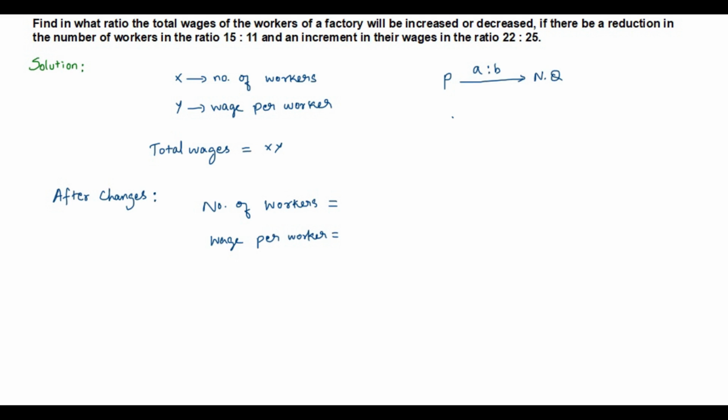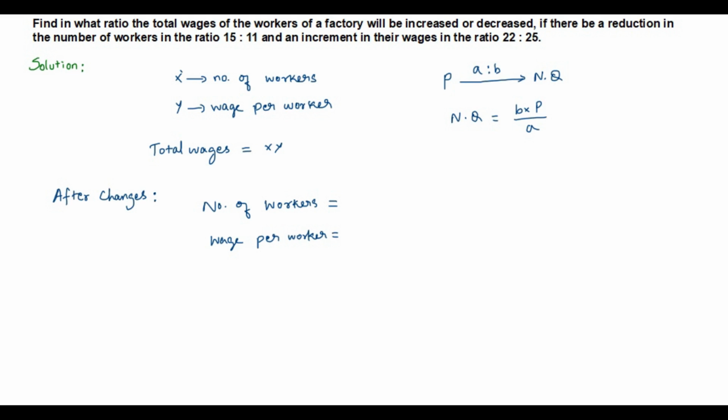The formula to find this new quantity is the second term of the ratio multiplied by the original quantity, that is B times P. Now this product has to be divided by the first term of the ratio, that is A. If a quantity is changed in a particular ratio, to find the new quantity, we multiply the second term of the ratio by the original quantity, then the product has to be divided by the first term of the ratio A.